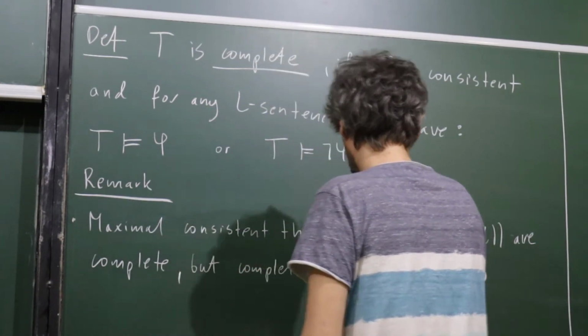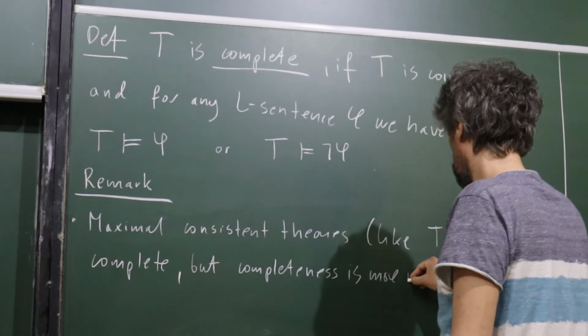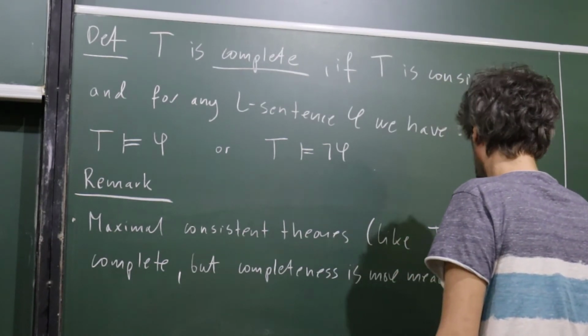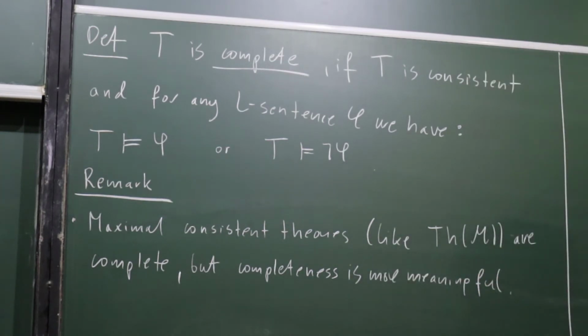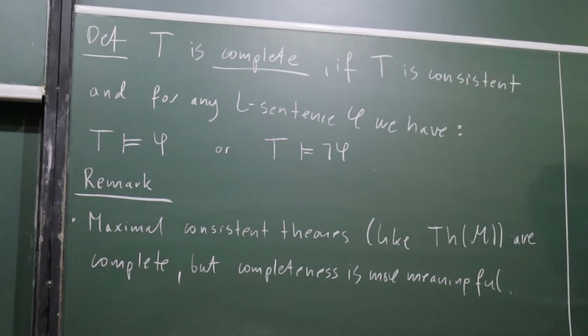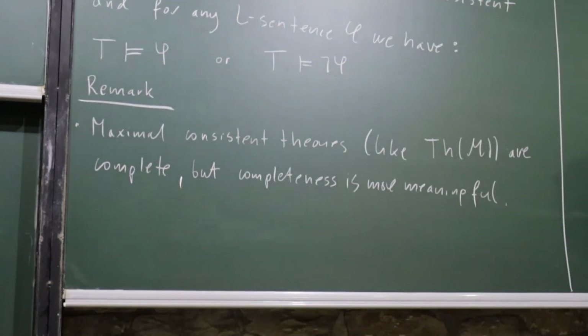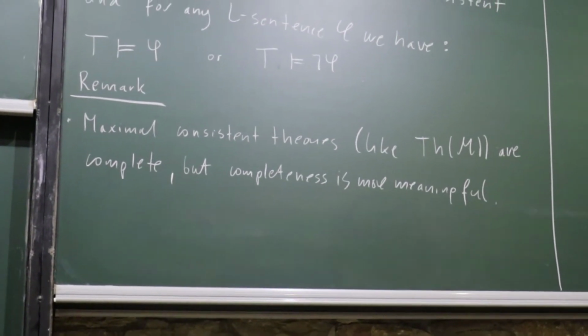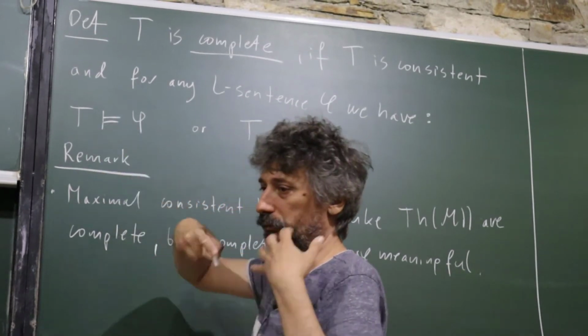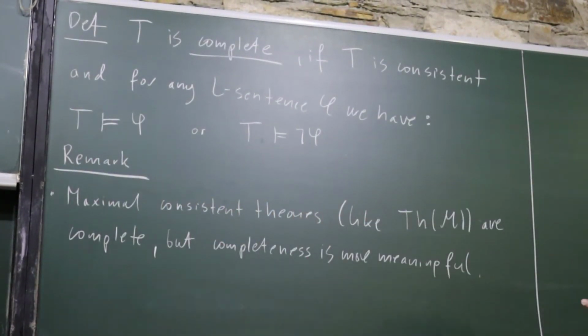Because if you have a theory given by a list of axioms, it's almost never maximal, but it can be complete, as we will very soon see about algebraically closed fields. We just don't really care about all the logical consequences, just enough to axiomatize it in a complete way, such that all of them follow.